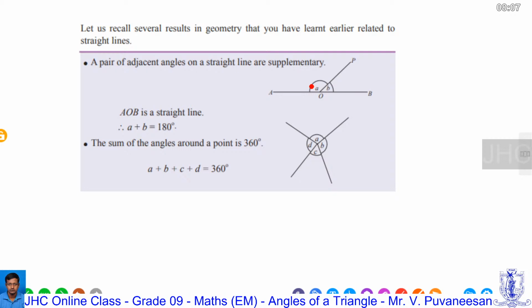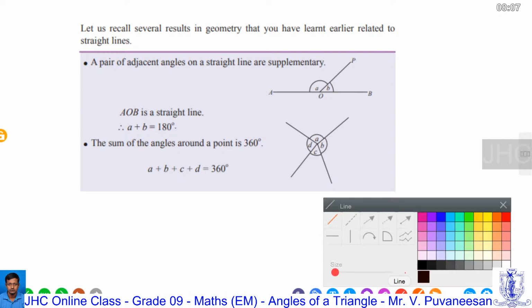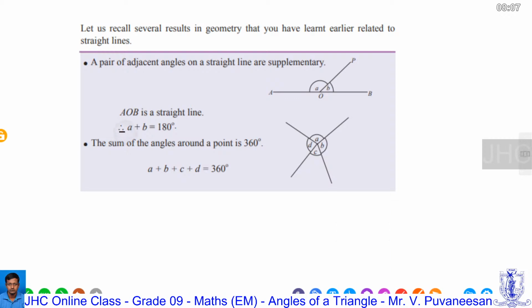Supplementary means 180 degrees. So angle A plus angle B equals 180 degrees. If one angle is given and you are asked for the other angle, you can form an equation, A plus the given value equals 180, and then we can find A if it is not given.